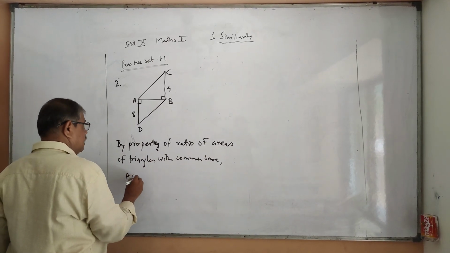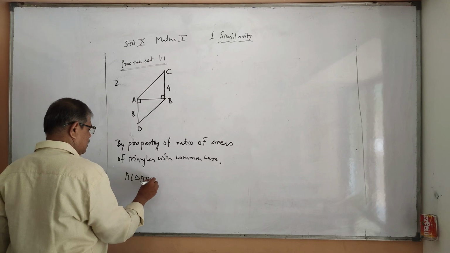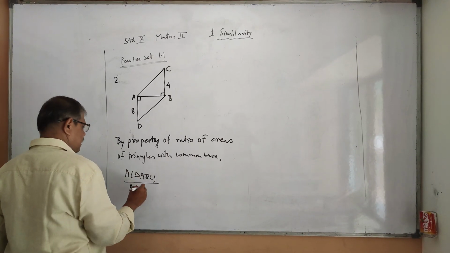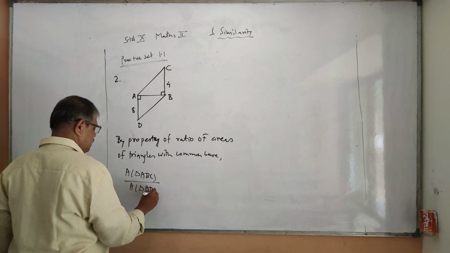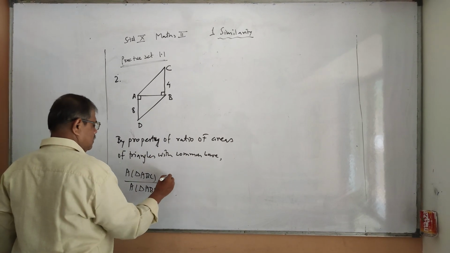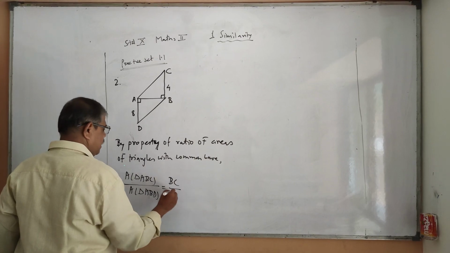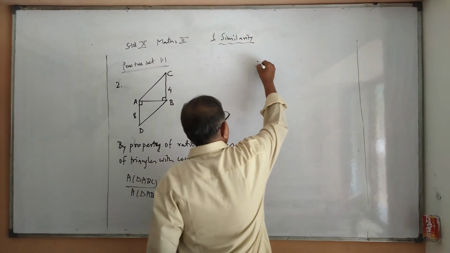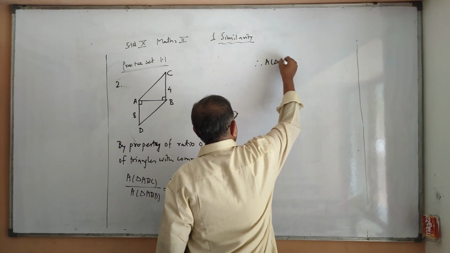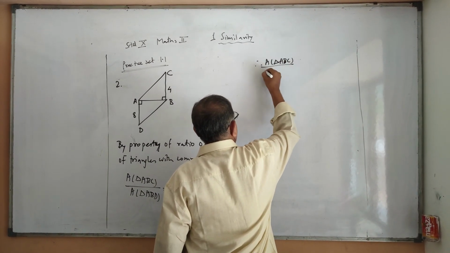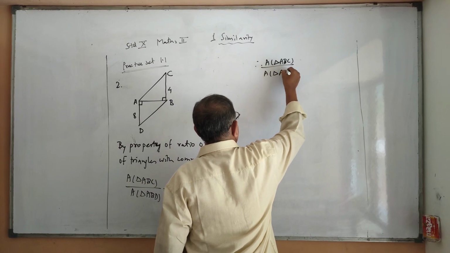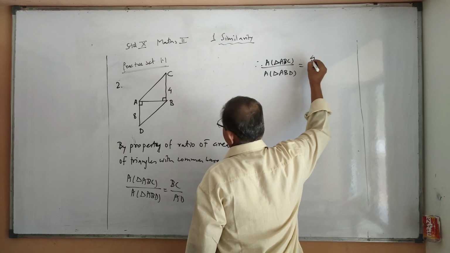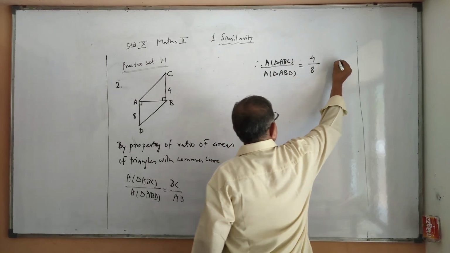Area of triangle ABC upon area of triangle ABD equals BC upon AD. And so area of triangle ABC upon area of triangle ABD is equal to 4 upon 8, which is given.